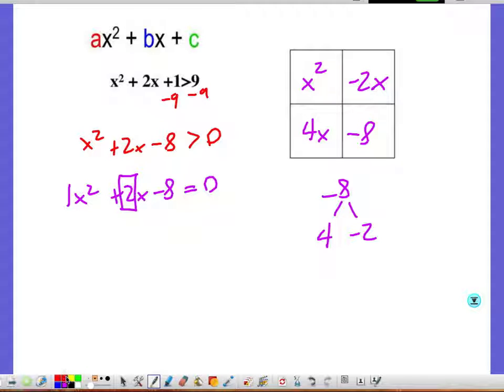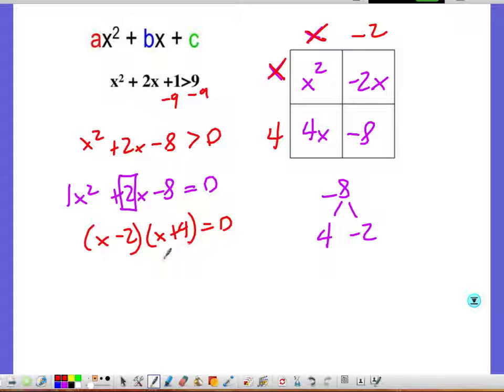And now what I need to do is just find the dimensions. X goes here, x goes right there, because x times x gives me x squared. Now everything else is simple. Negative 2 times x gives me negative 2x, and here 4 times x gives me 4x. And so now we have x minus 2 and x plus 4 is equal to 0.